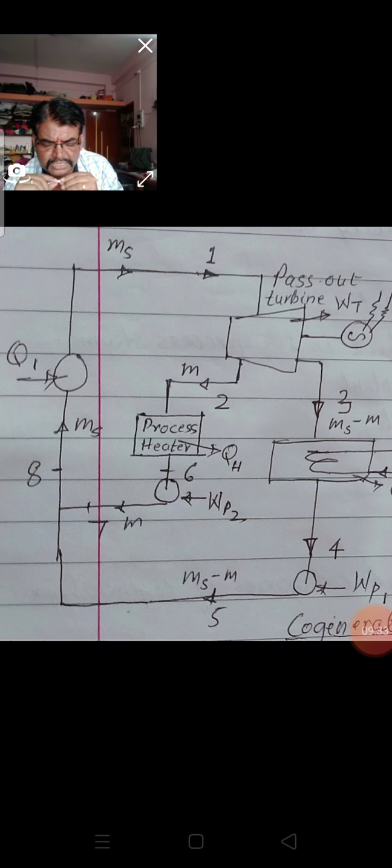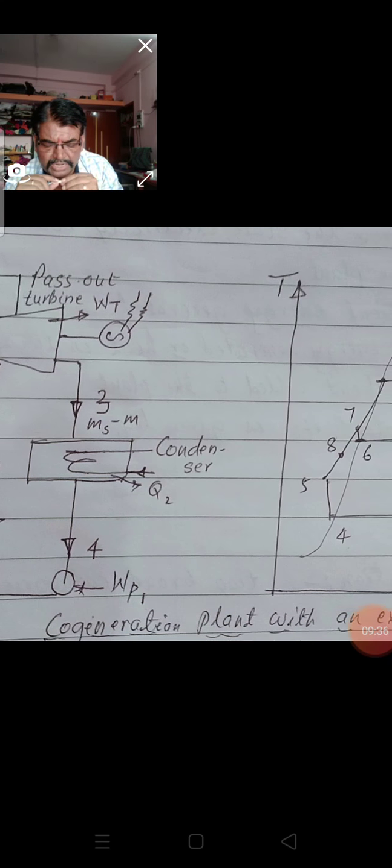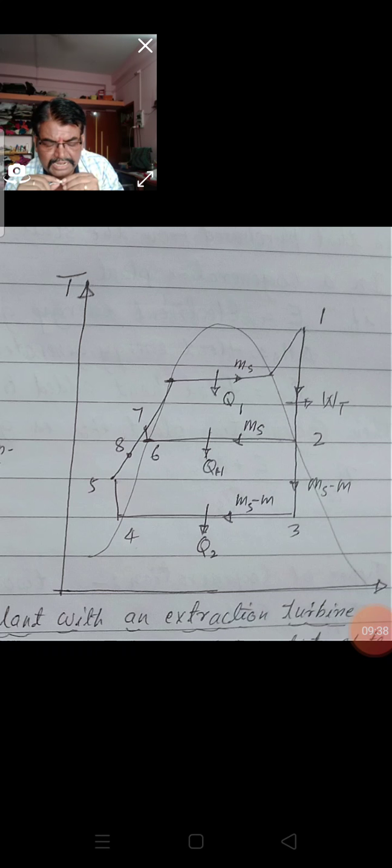The temperature as well as the entropy increases, and it goes up to point 7 and a little above. Then again the temperature remains constant and entropy increases, and it goes above the saturation temperature, meaning it goes to the superheated condition at point 1.